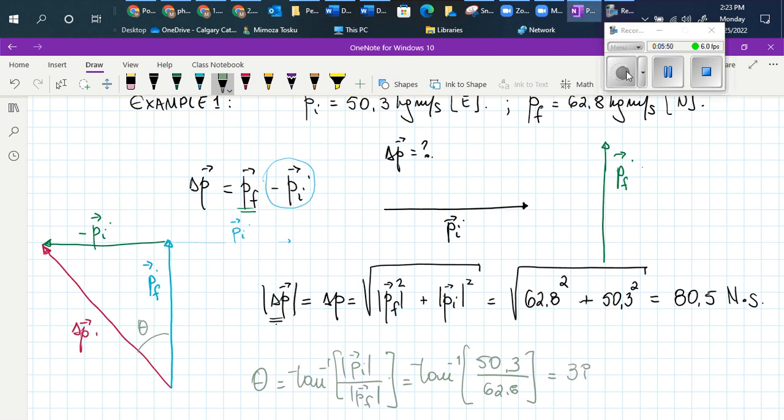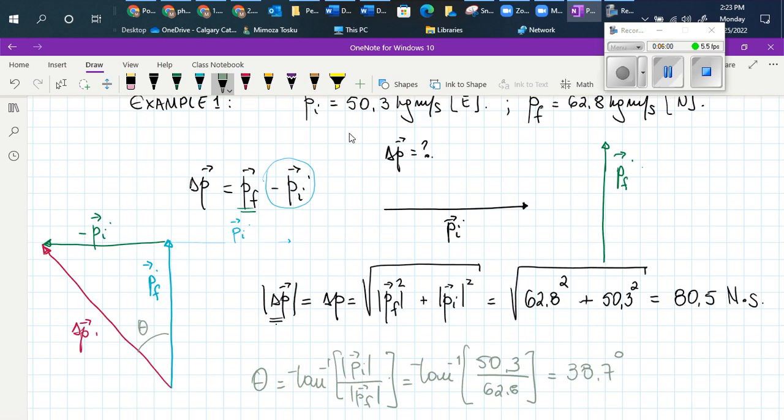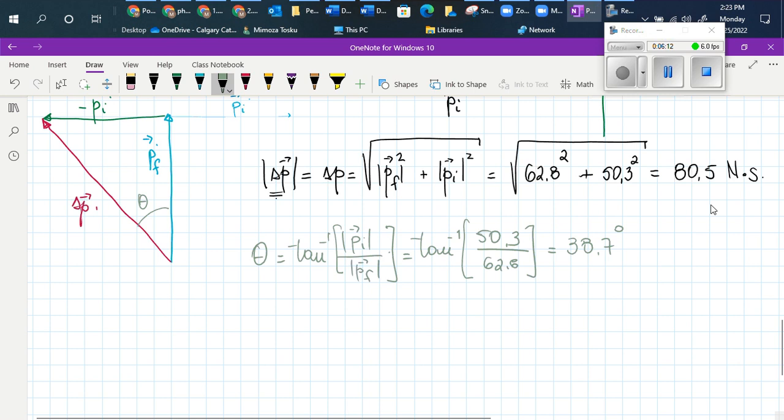Make sure that the mode of your calculator is on degrees, and then you will have 38.7. So now the change of momentum for this situation, when one object has an initial momentum of 50.3 going east and 62.8 going north, will be 80.5 newtons times seconds at 38.7 degrees, and this will be west of north.